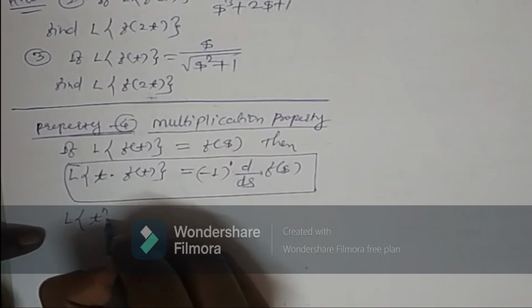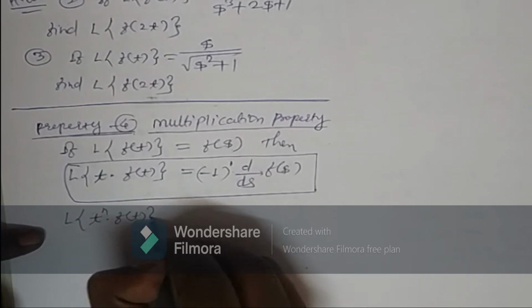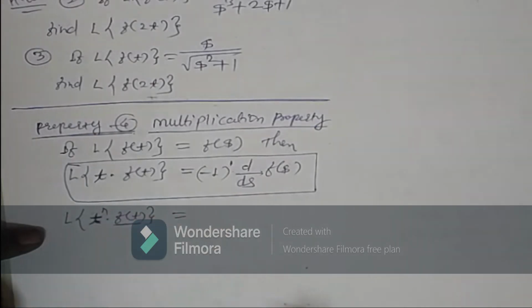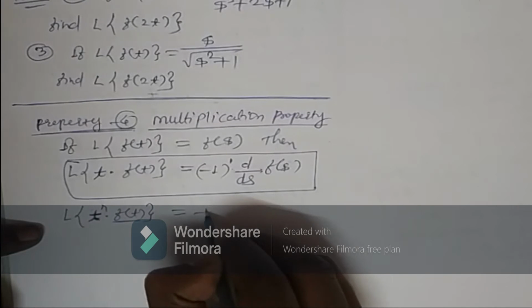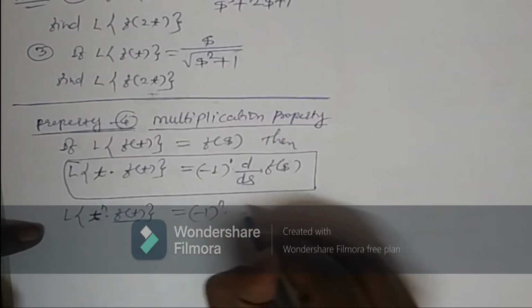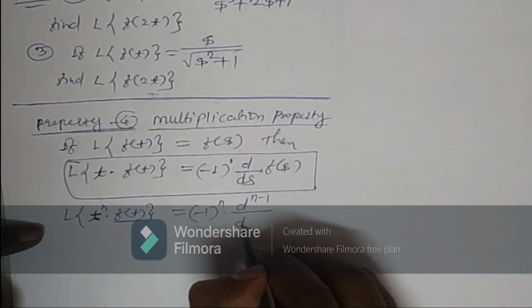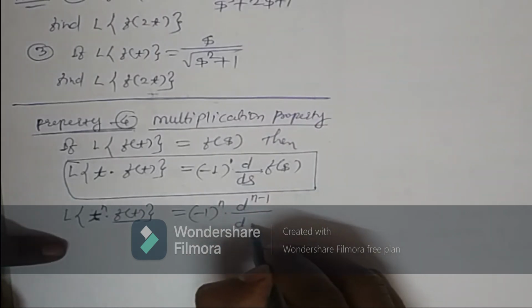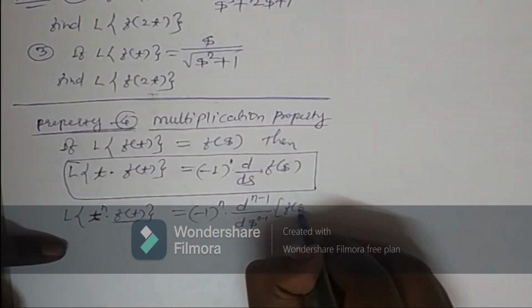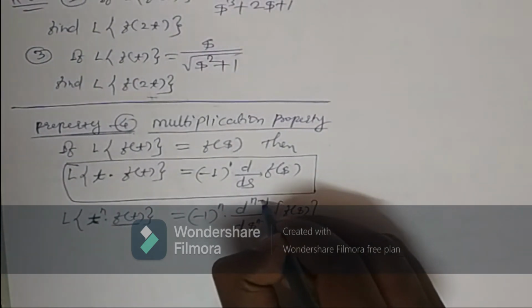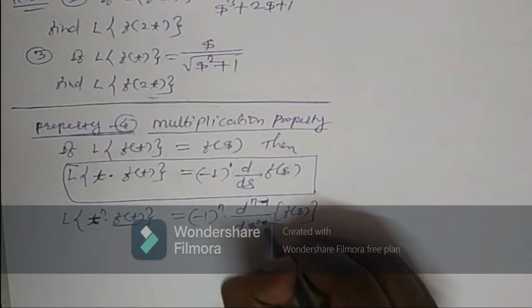the Laplace transform of t raised to n into f(t). That means if in the multiplication of f(t) there is t raised to n, that is known as the multiplication property. Then how to write this? (-1)^n into d^n upon ds^n of F(s).